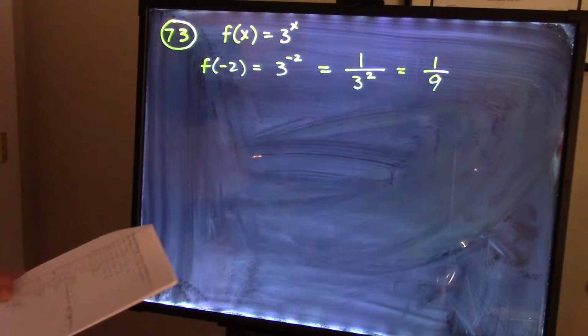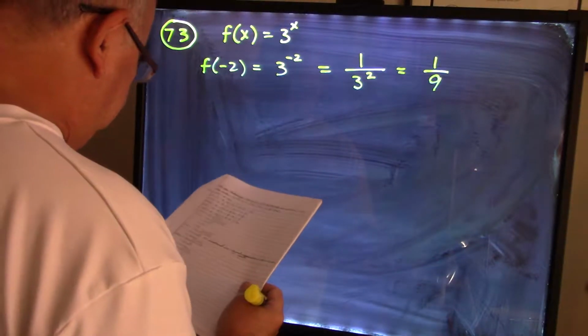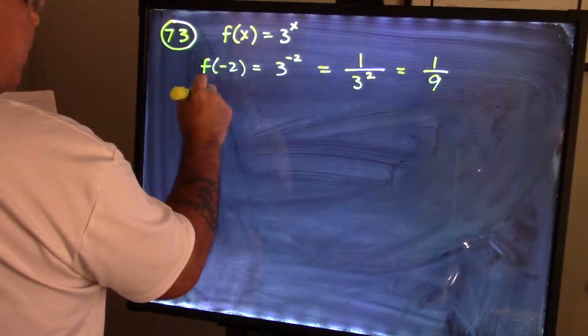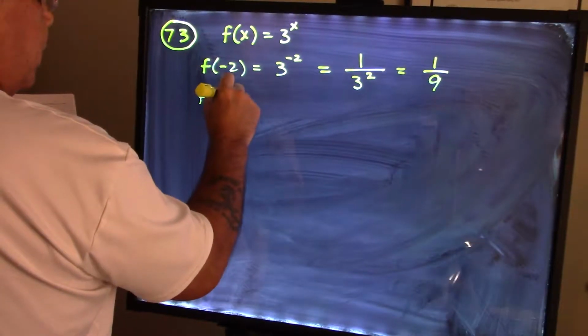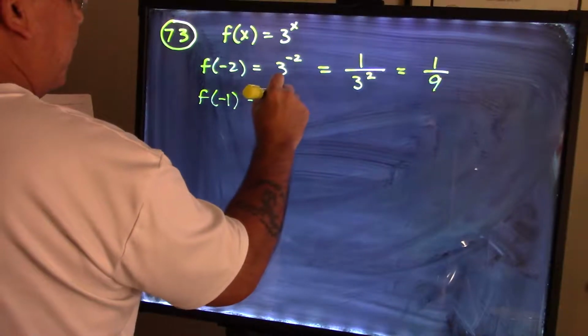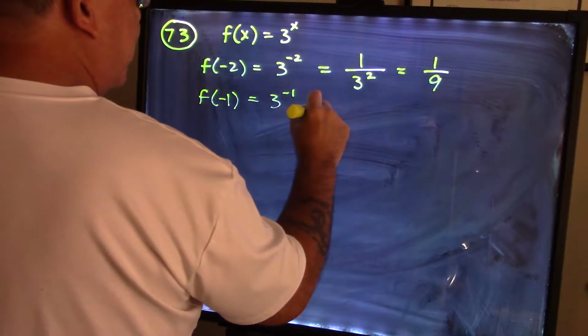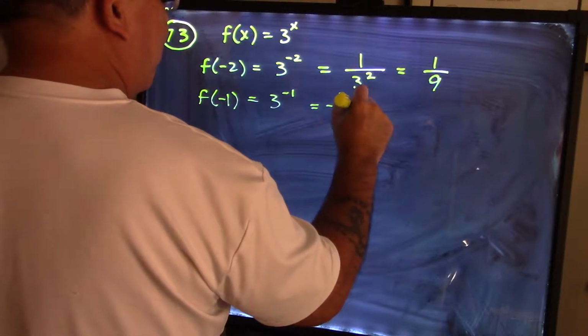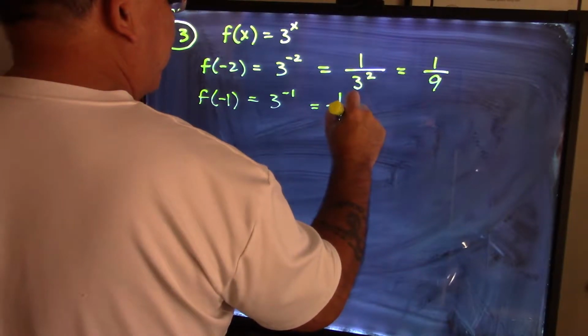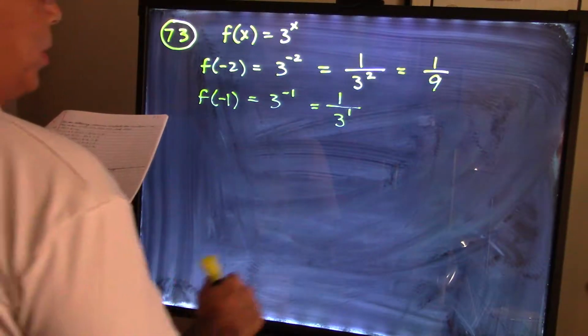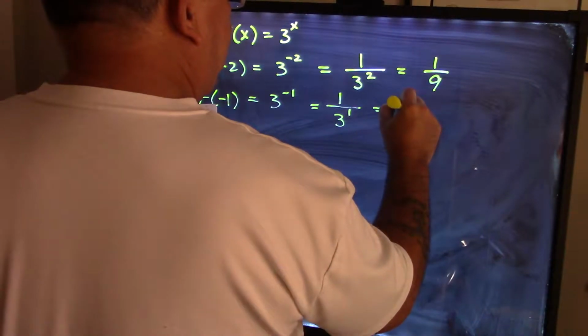Okay. And we have f of negative 1. That's 3 to the minus 1 power, and that again can be written as 1 over 3 to the positive 1. 3 to the positive 1 is just 3, so that's 1/3.